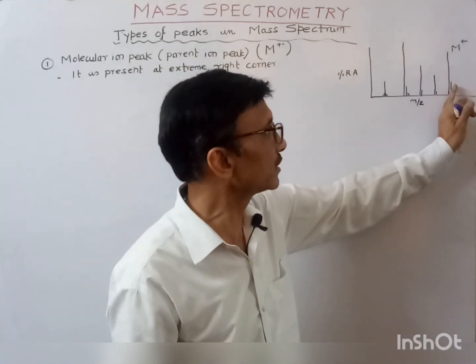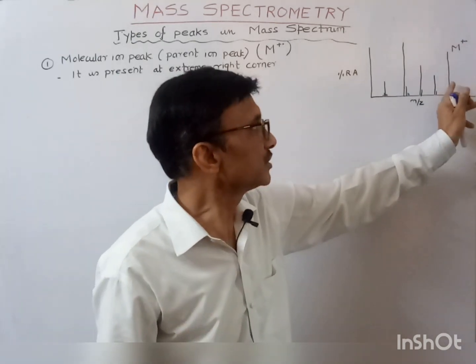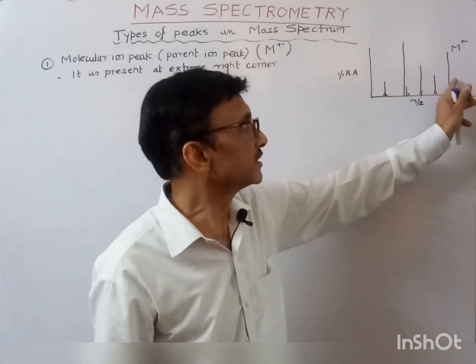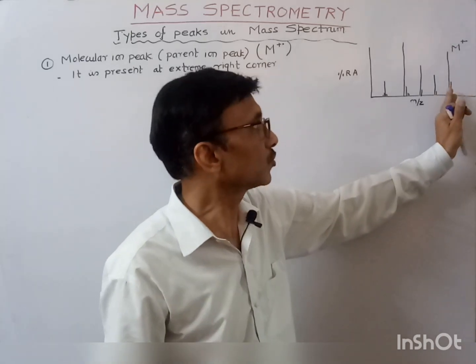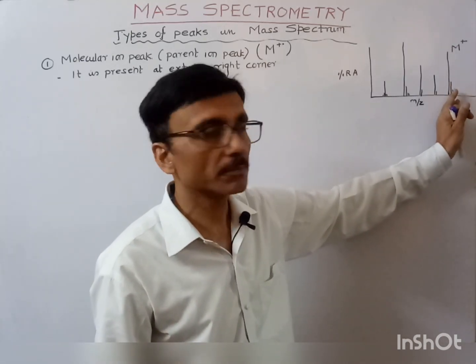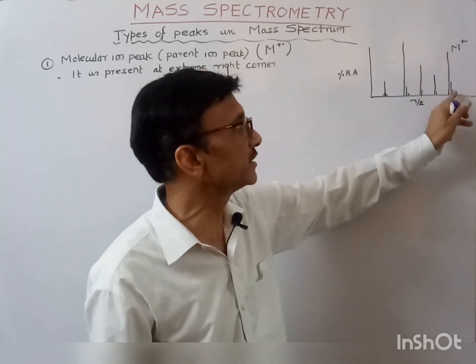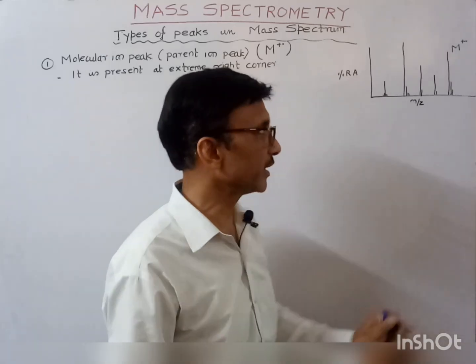These peaks are very small in comparison to this peak. I will discuss them later. These peaks are the isotopic peaks. No doubt they are at the extreme right corner, but we take this peak, which has the higher intensity in comparison to them, as the molecular ion peak.